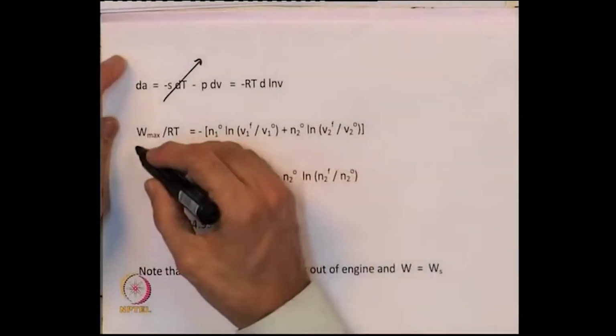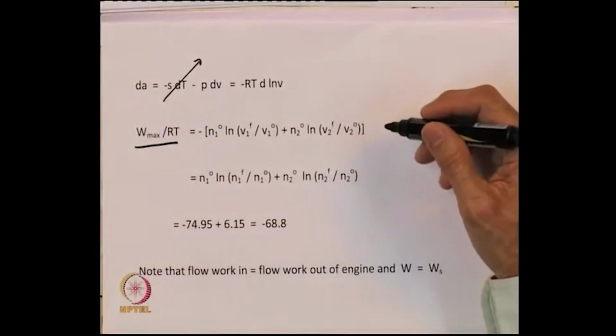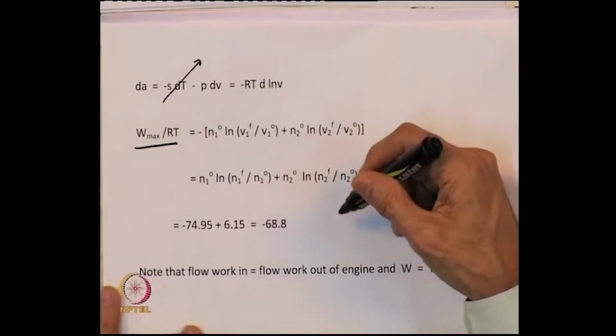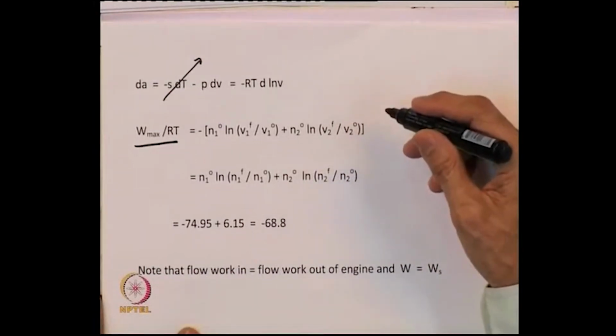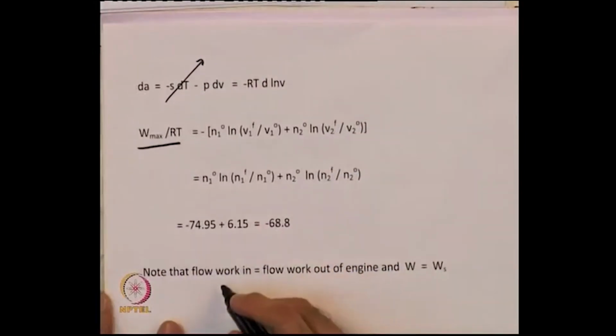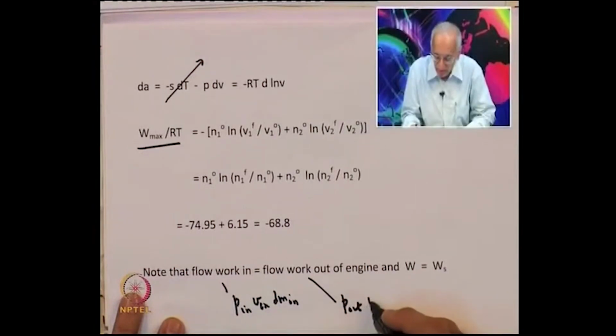Now, this is W max. What we calculated earlier was Ws max, but the two come out to be the same. The reason for that is that the difference between W max and Ws max is in fact flow work. Now, flow work in is simply P in, V in, Dm in, and flow work out is P out, V out, Dm out.